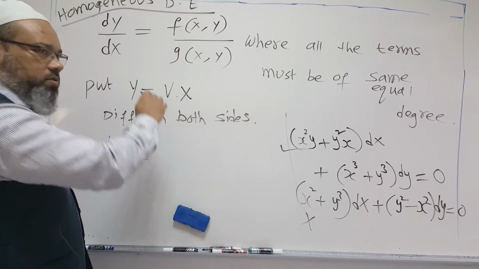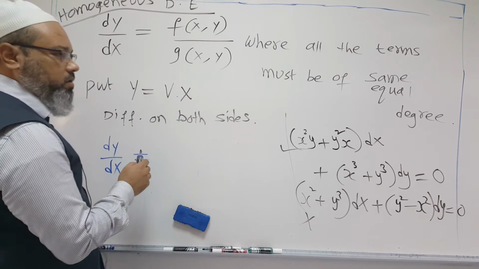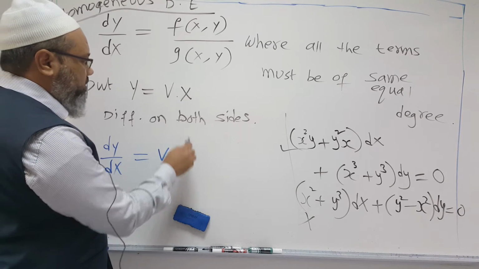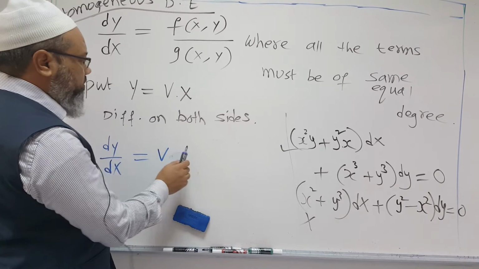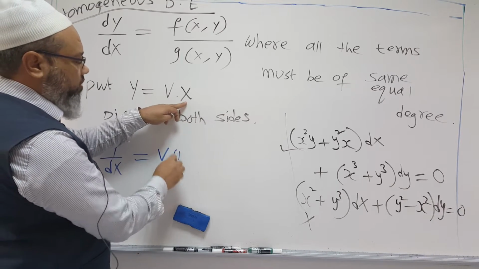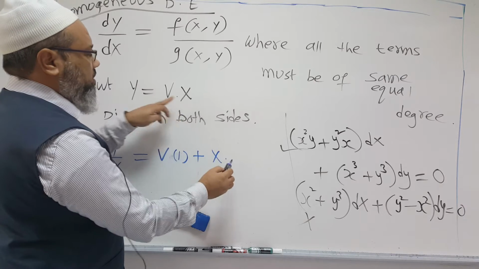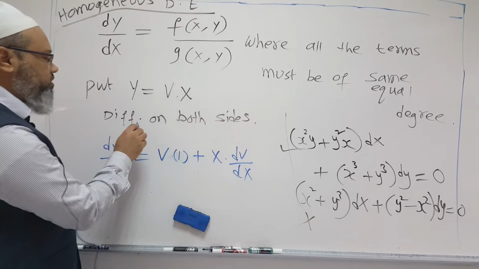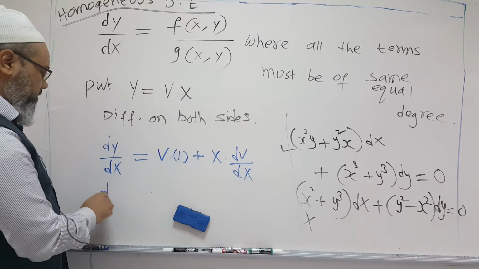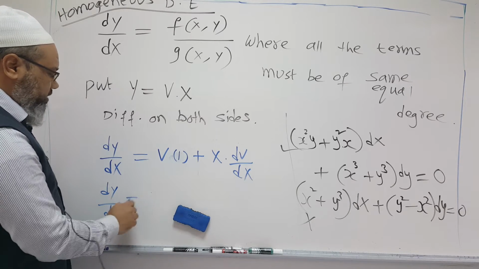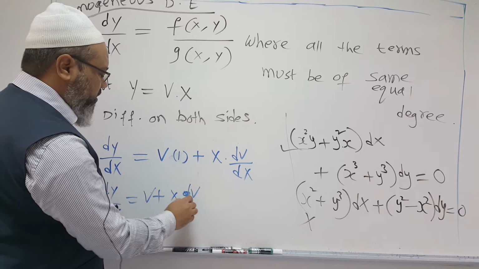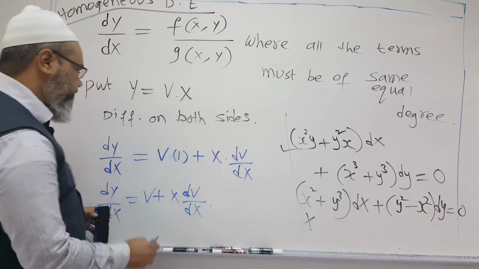This is multiplication, so we use the product rule of differentiation: V plus V multiplied by the derivative of x, which is 1, plus x times dv over dx. So dy over dx equals v plus x dv by dx.